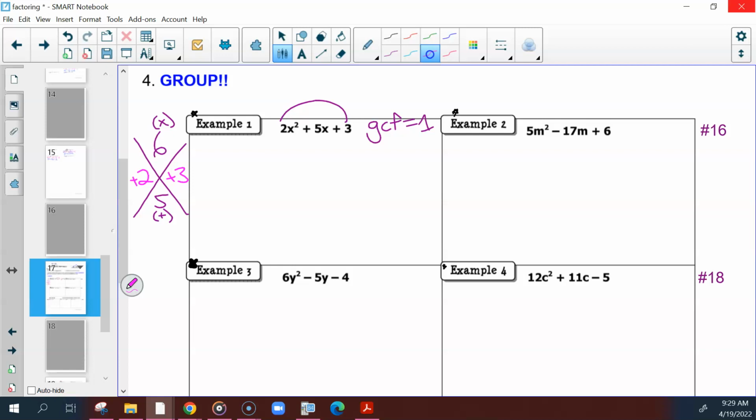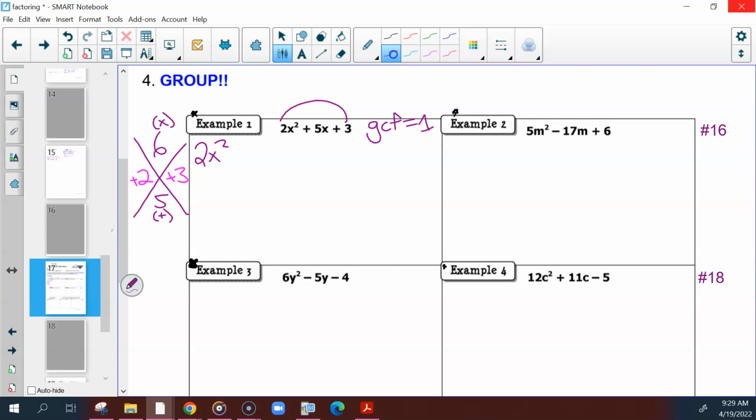Once you have this, we're going to rewrite it. The first and the last term are going to stay the same, x squared. But we're going to use those two factors we found and put them in place of our middle term. It was 5x; 2 plus 3 gives us 5. So we're going to put those instead of 5x, so we have 4 terms instead of 3.